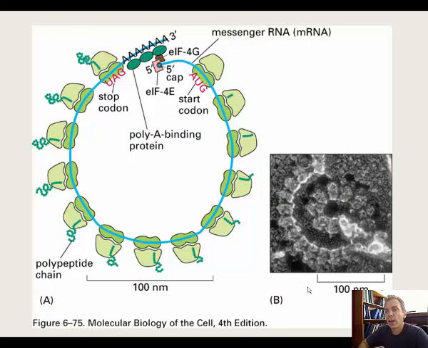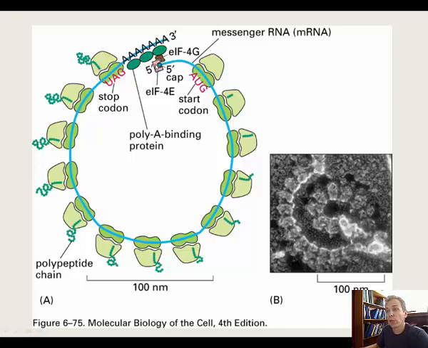What's the point of having a poly-A tail? Well, proteins bind to this poly-A tail, and those proteins, which in this picture are depicted as these green circles, interact with specialized initiation factors called IFs, which bind to the cap. That way you have a cap protein bound to a poly-A tail protein. It serves to link the two together.